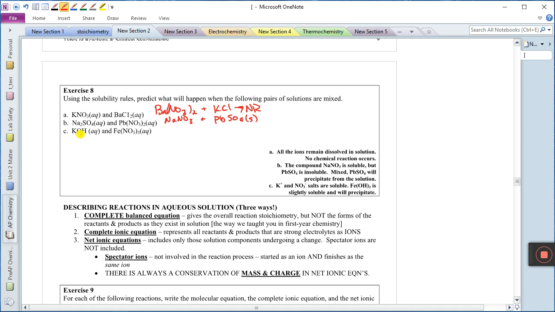All right, and then last but not least, we got KOH plus iron 3 nitrate. So we're going to get, so what's my formula going to look like for that?